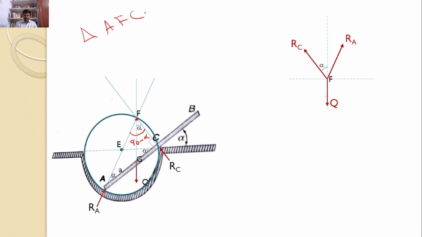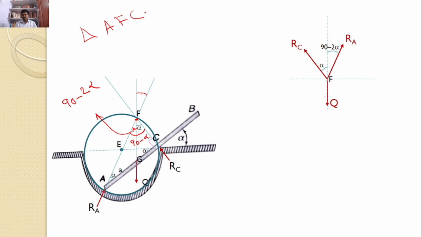If the total angle is 90 minus alpha, this angle must be equal to 90 minus 2 alpha. That is the angle between RA and the vertical. These two are opposite sides, hence this angle must be equal to this angle. This angle is 90 minus 2 alpha.